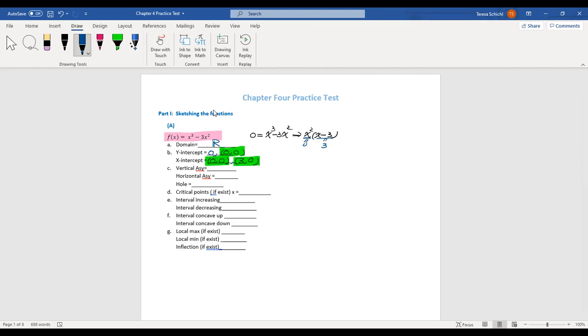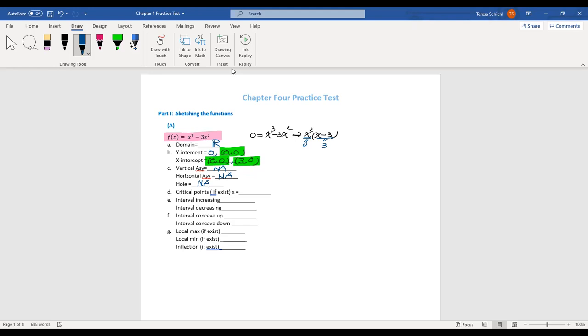In here, this is a polynomial, so we don't have a vertical asymptote. The same goes for the horizontal asymptote, which is when x approaches infinity. Because this is a polynomial, we don't have a horizontal asymptote either. Then the holes: this is not a rational function, so we don't have holes either.